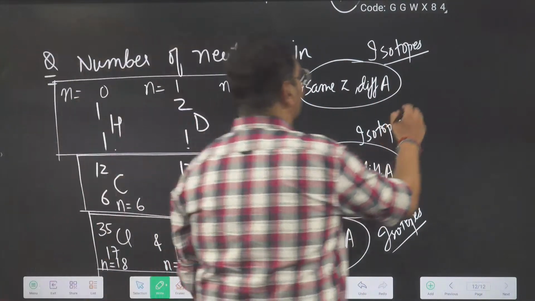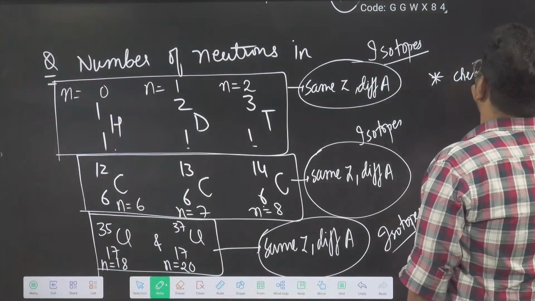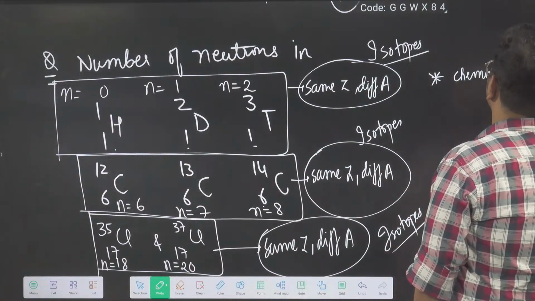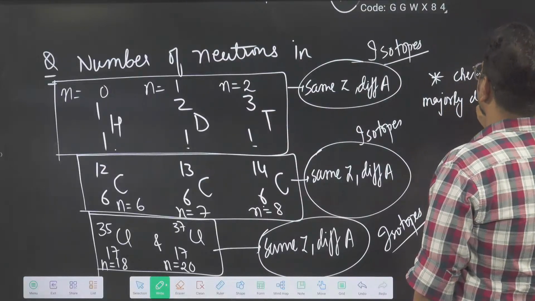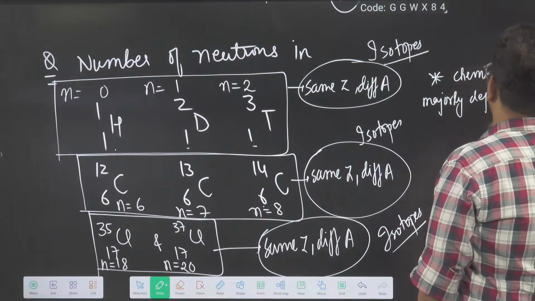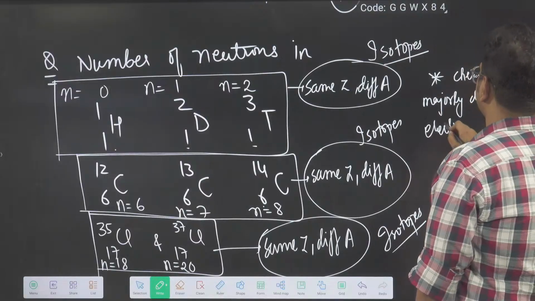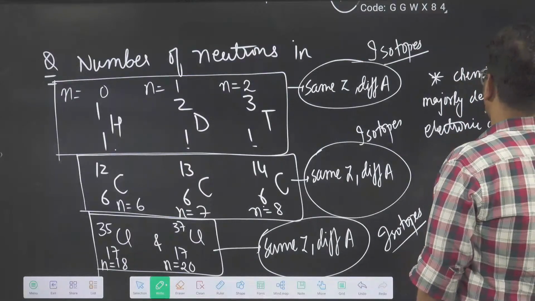One very important note bhai: chemical properties majorly depend upon electronic arrangement. Very important question bhai.